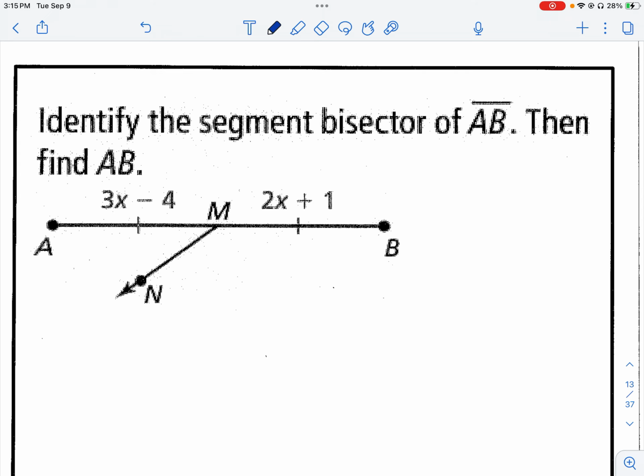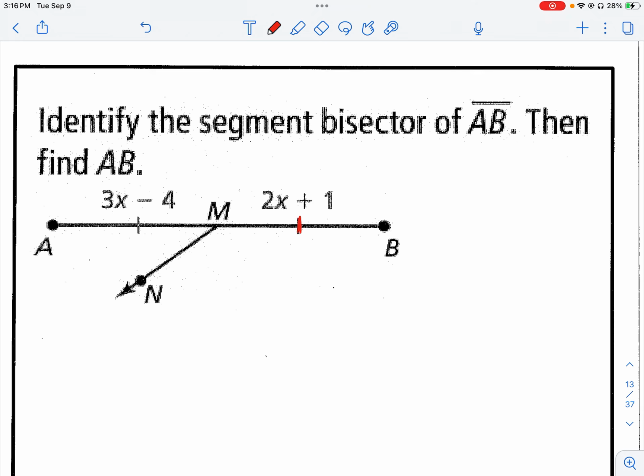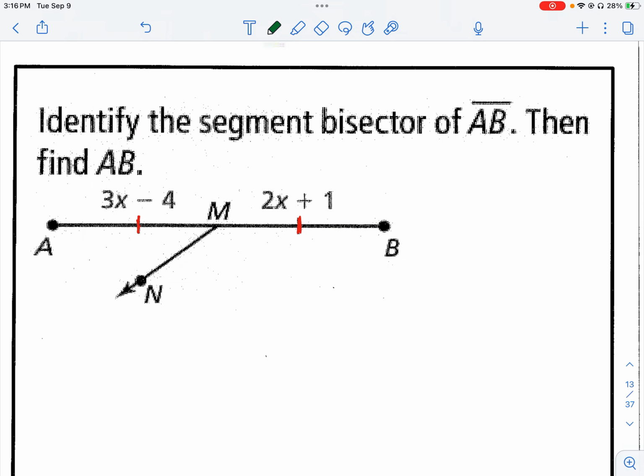Same idea. So identify the segment bisector of AB. Well, AM and MB are congruent. We just identified that. So ray MT is the segment bisector of segment AB.